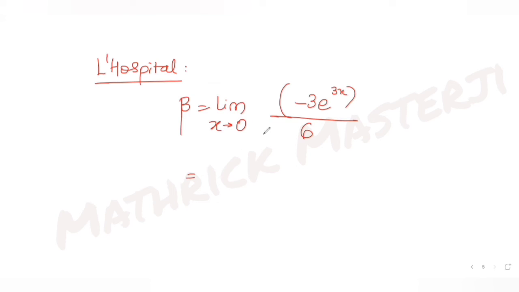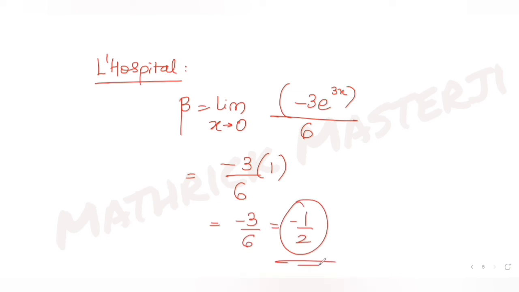Now if I further solve this applying the limits, that makes it minus 3 divided by 6, as e raised to 0 becomes 1. So basically it becomes minus 3 over 6, which is minus half.